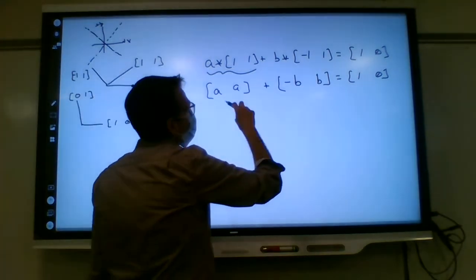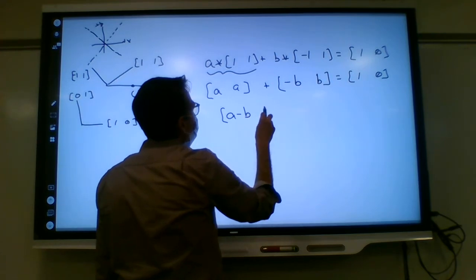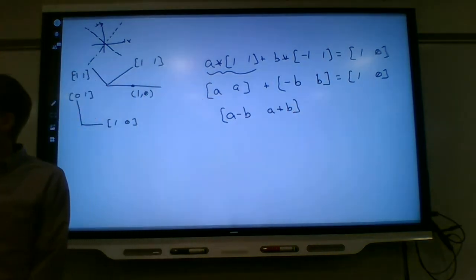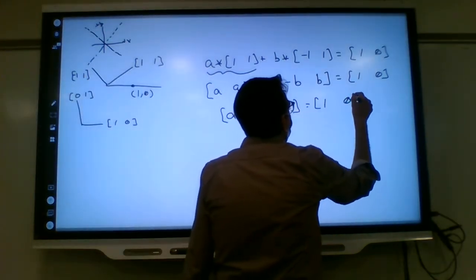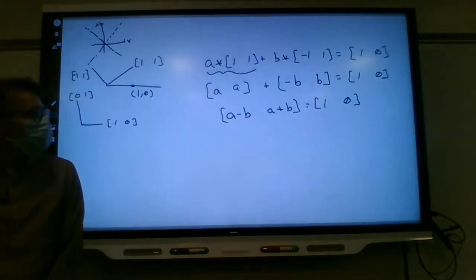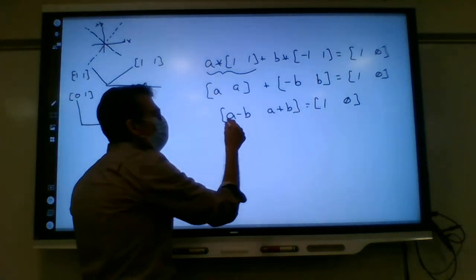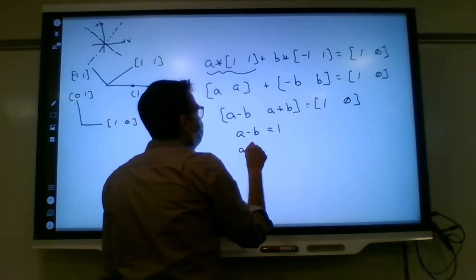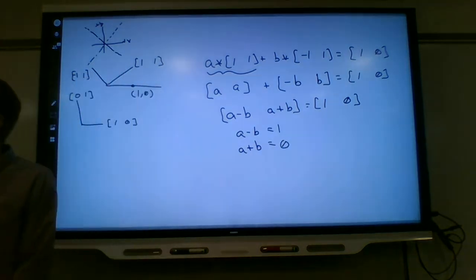All right, so combining this, the vector on the left, the linear combination that we have created, looks like this. And then on the right, we have 1, 0. So what does this mean? This means that A minus B has to equal 1, and A plus B has to equal 0.